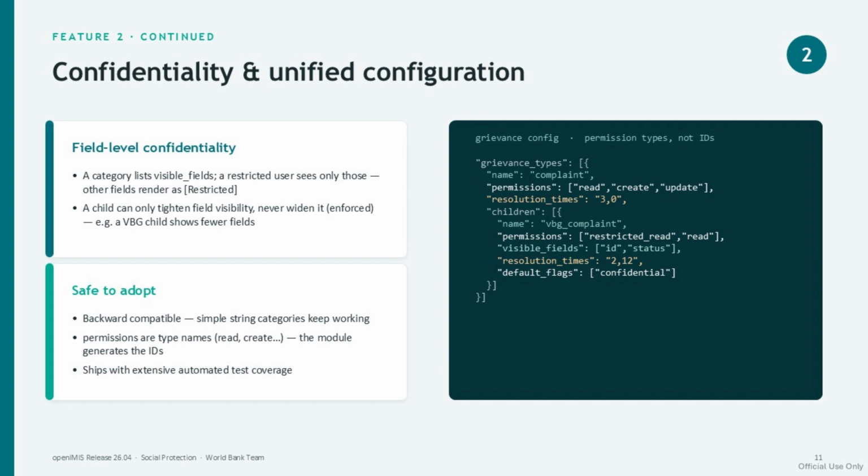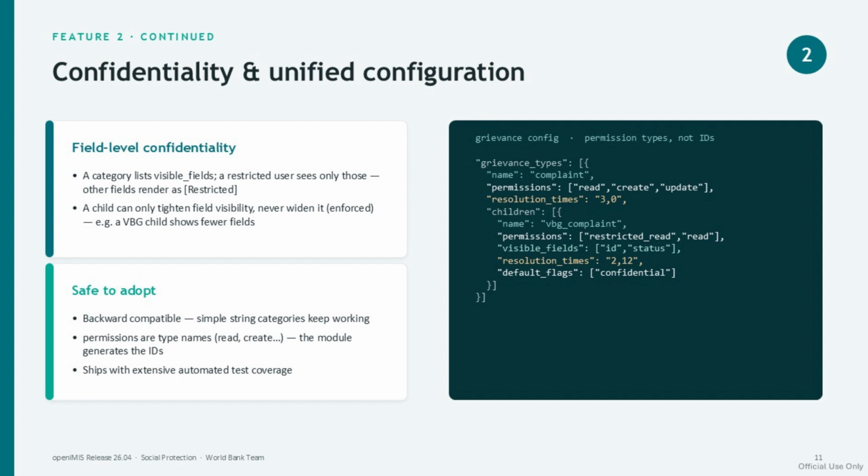So you can define a GBV type complaint with its accompanying configurable permission, and also the fields that are visible for this child. In this case, you see that we override the default resolution, and we can also set a default flag like confidential for this GBV complaint.